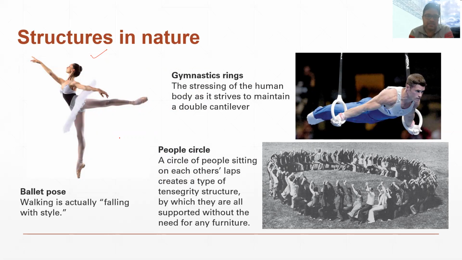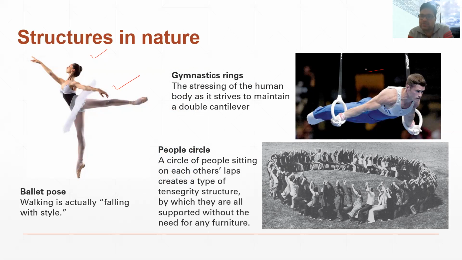Like in this, you can see there is a girl who is dancing, and this is actually an example of human body structure stability. We are so stable. Our body is such that we can perform various activities without much difficulty.